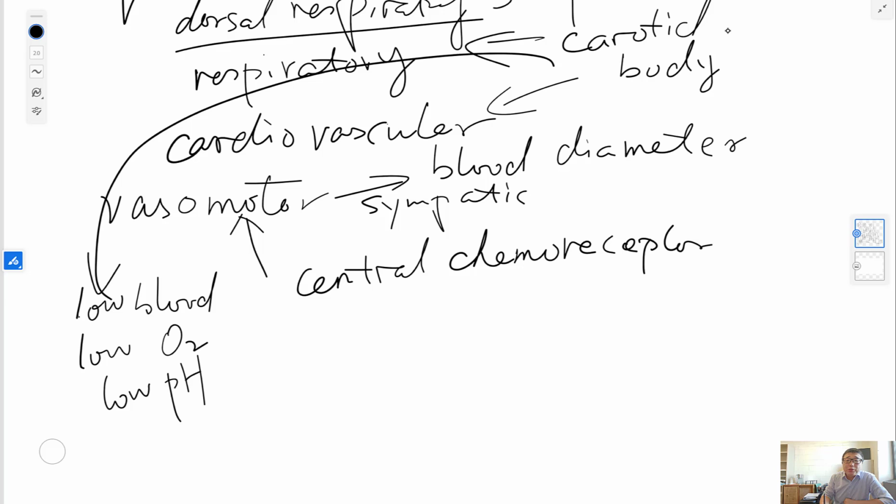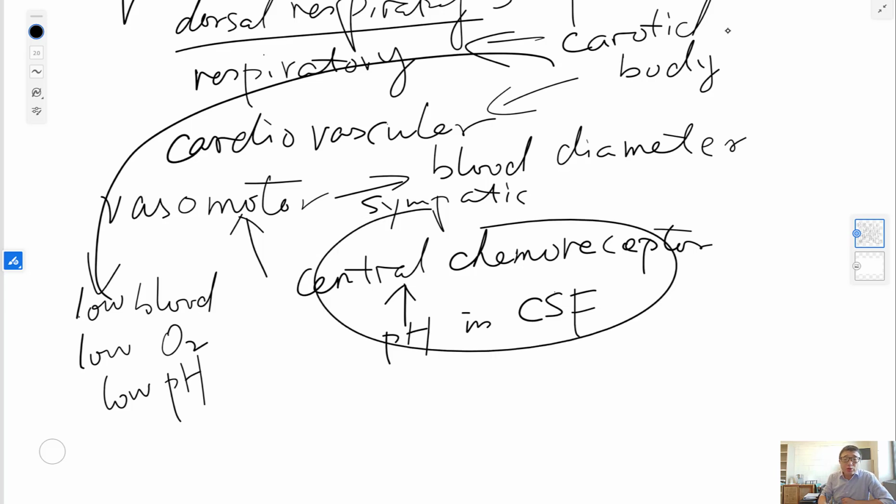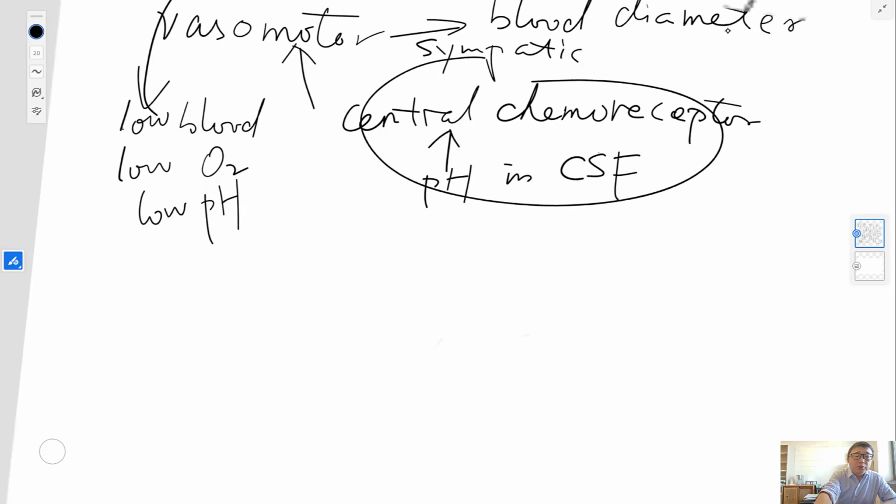This central chemoreceptor, exactly in the medulla, senses the pH not in the blood but in the cerebral spinal fluid. And this is the strongest stimulus to motivate the vasomotor center to contract blood vessels and increase blood pressure, to put more fresh blood into the brain to support brain function and survival.